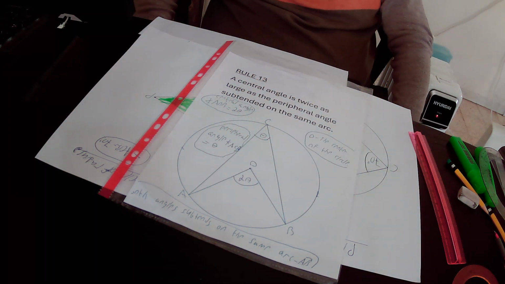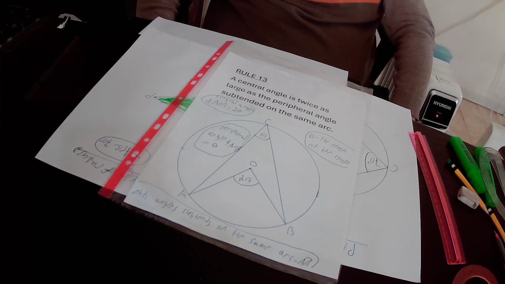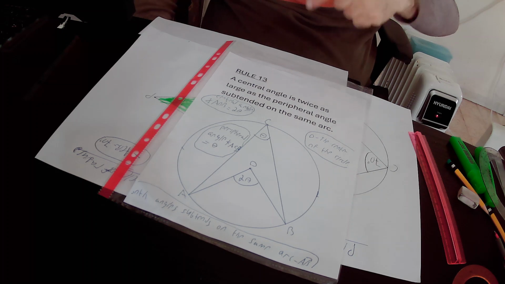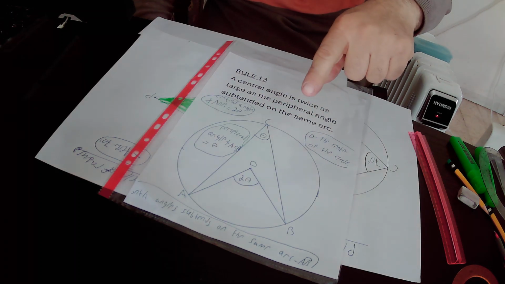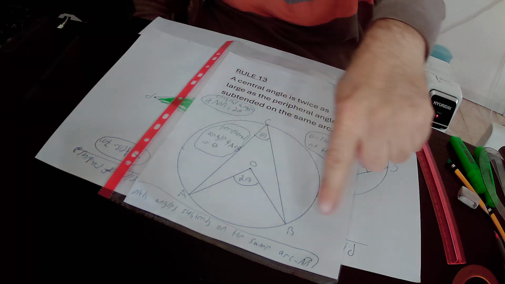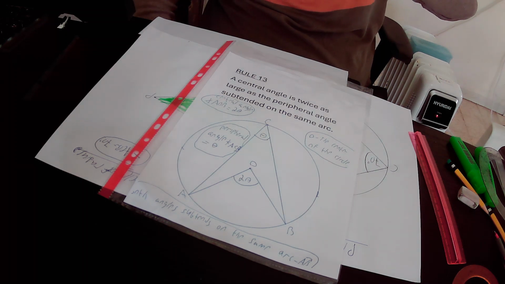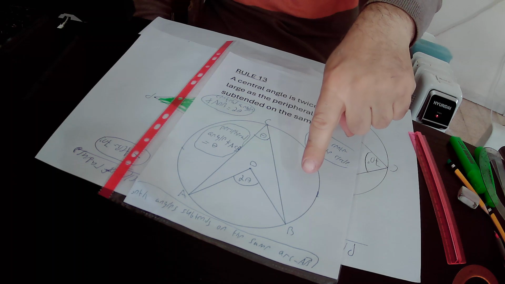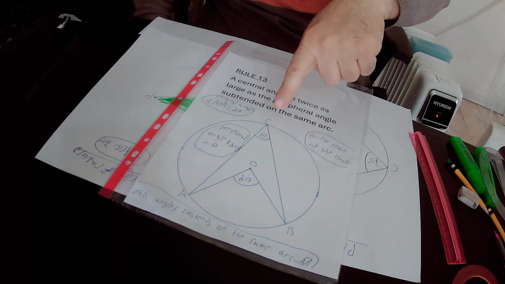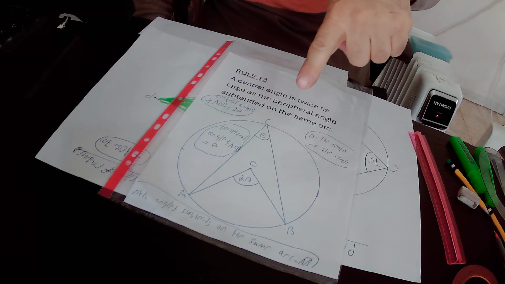And therefore, the central angle will be twice as large as the peripheral angle subtended on the same arc. Both those two angles are subtended on the same arc AB. Therefore, the size of this central angle AOB must be twice as large as the size of this peripheral angle ACB.